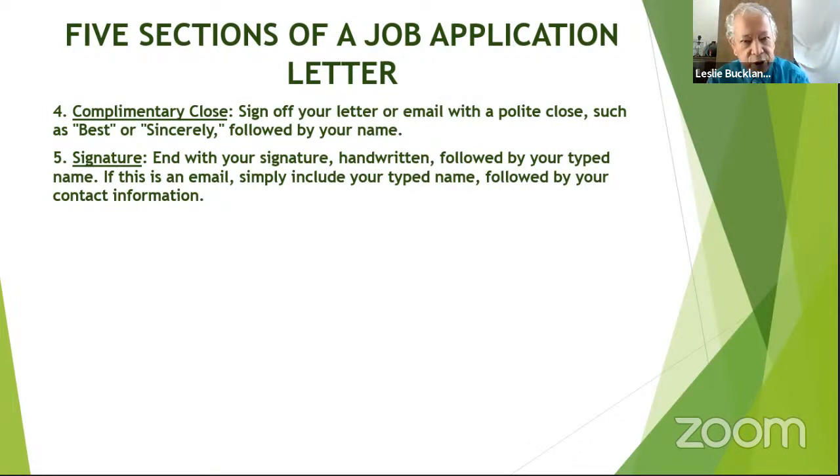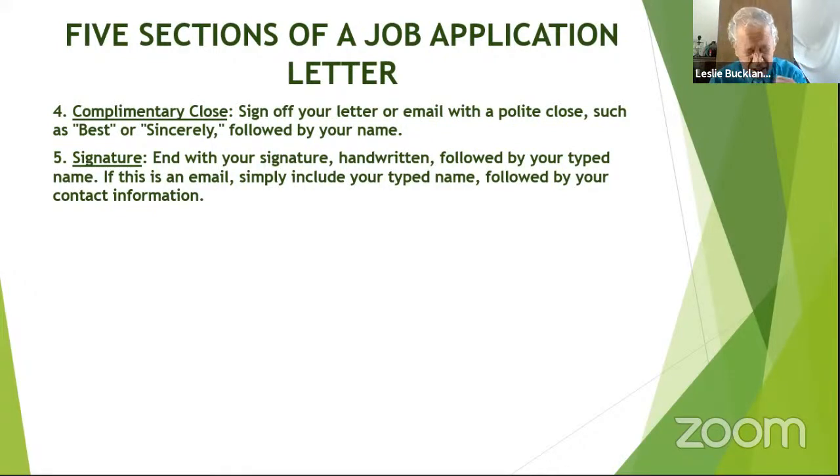End with your signature, handwritten, followed by your typed name. If this is an email, simply include your typed name, followed by your contact information. So in the 5th section, you have your signature.